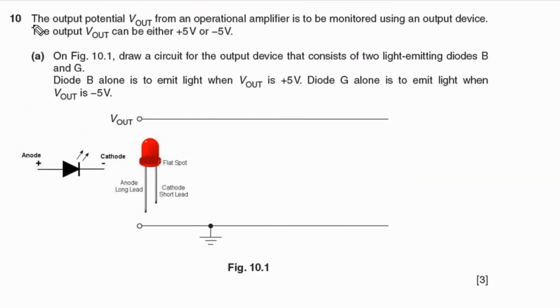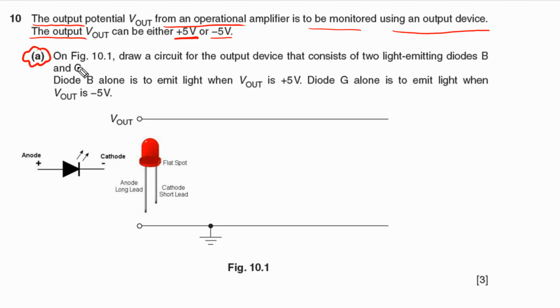For this question, it is given that the output potential of an operational amplifier is monitored using an output device. The output potential can be positive 5 volts or negative 5 volts.